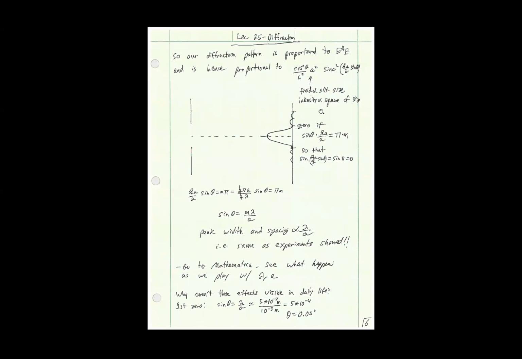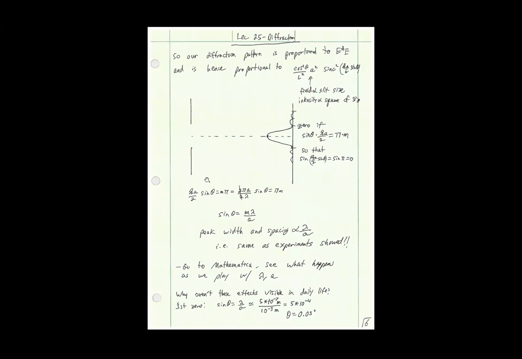The sine function is 0 when its inputs are 0, pi, 2 pi, etc. But remember, the sinc is not just the sine of all this mess, it's the sine of all this mess divided by this mess. And when the input is 0, I've got sine 0 over 0, which is 1. Or the limit as x goes to 0 of sine x over x is 1. So this can't be a 0.